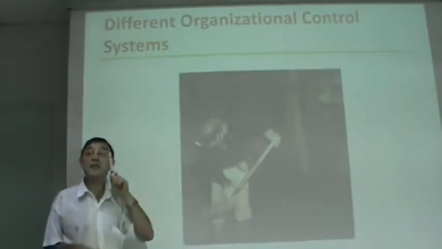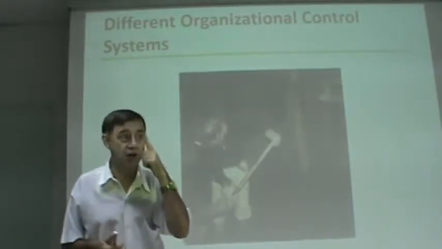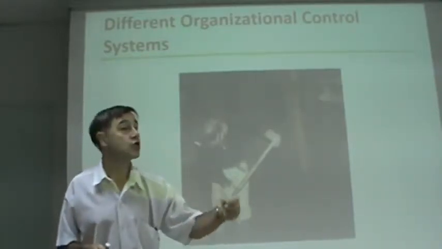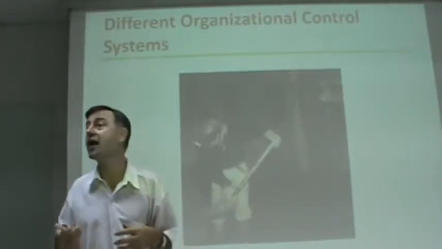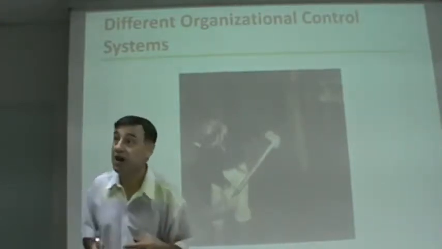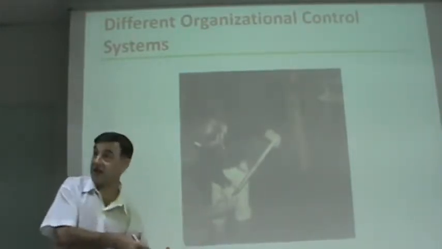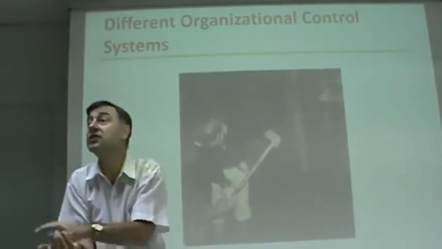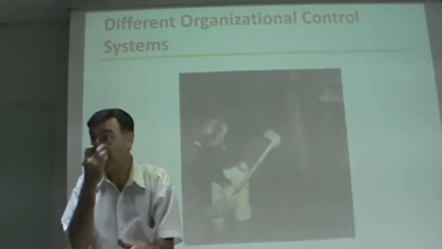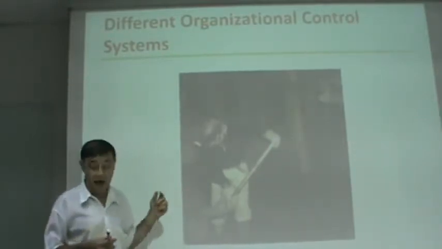So, different cultures will sometimes require different control systems, okay? So different cultures require different control systems. And you need to control differently Western professors over here from, let's say, local professors over here. You'll need a different control system, okay? Just because of thinking, culture, mentality, and all the other things.